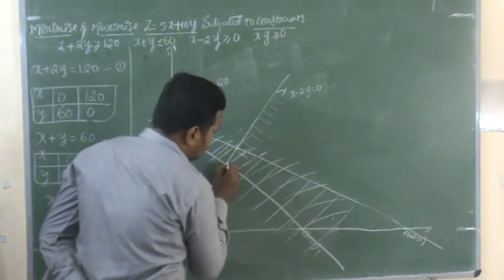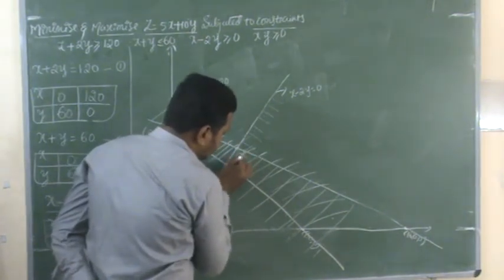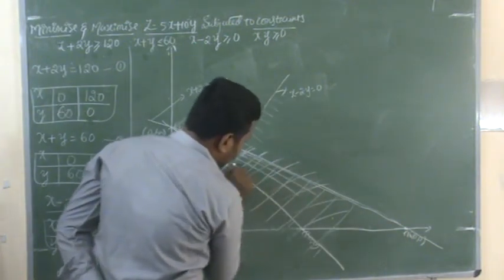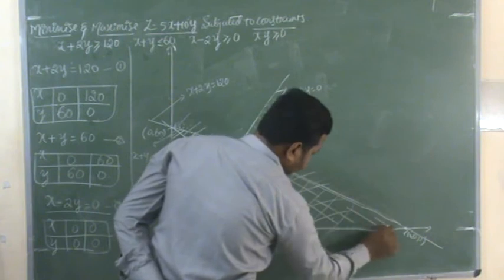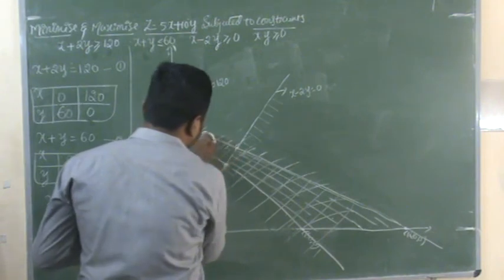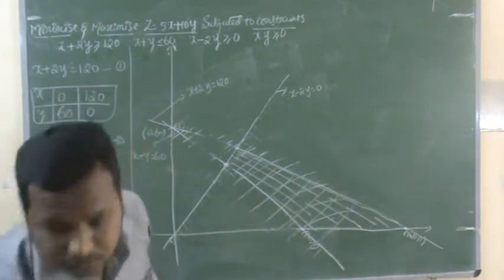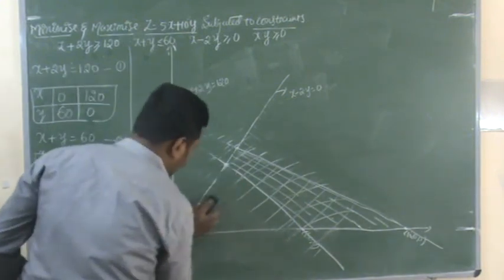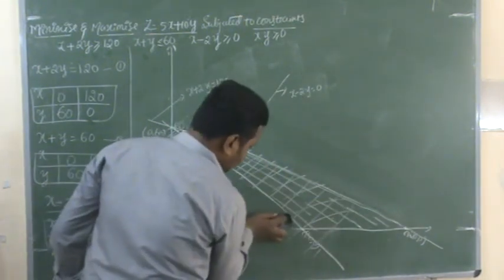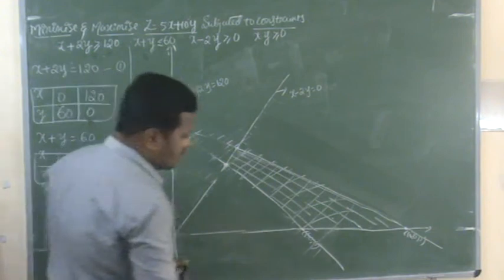Now the corner points. This is the feasible region.